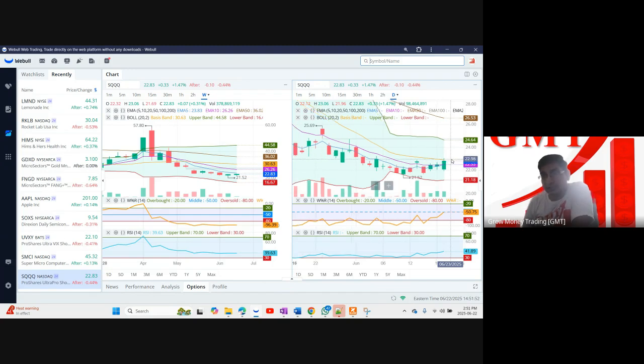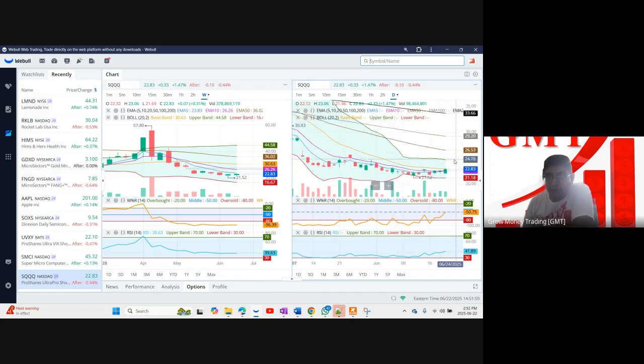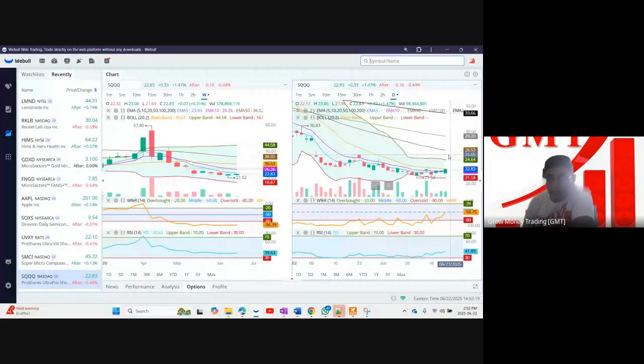If this resistance breaks, the next level to watch for would be close to 24.24, and if it goes further up, the 26 level that we saw on the weekly chart could be the second resistance level. And then the third would be when it tries to close this gap.